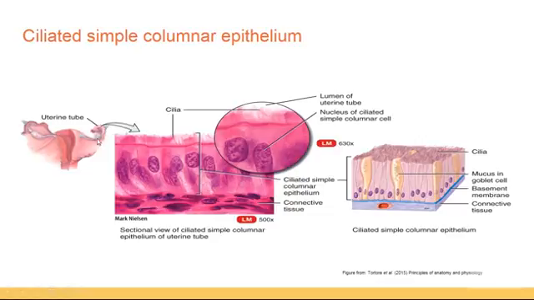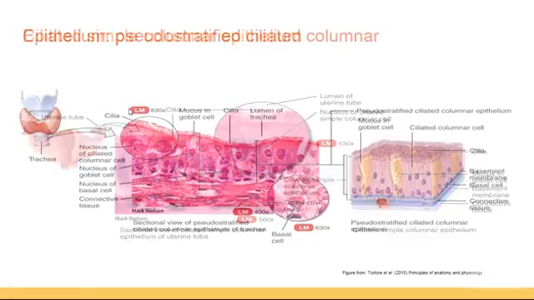And this is the part of the female reproductive tract that actually transports the egg from the ovary after ovulation towards the endometrium for implantation after fertilisation. So if you think about the function of each of these cells, it's easy to think about what might be located in particular regions in the body.